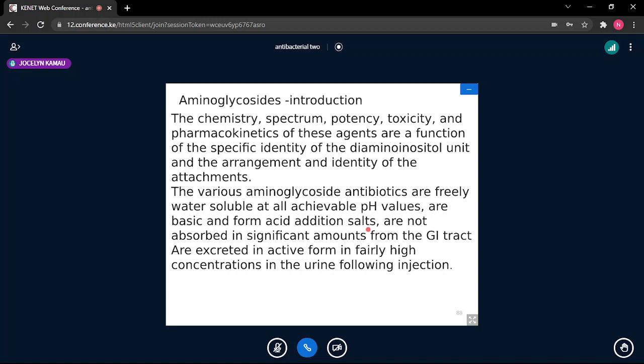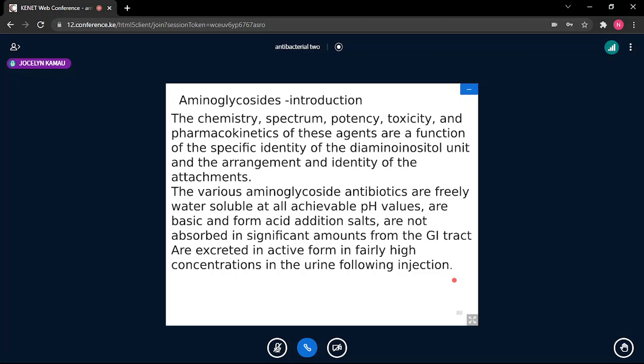So we are saying they are basic and form acid addition salts, are not absorbed in significant amounts from the GIT, and therefore are not orally active, as we have said, are excreted in active form in very large concentrations in the urine following the injection. They will be excreted in the active form because already they have very high water solubility.